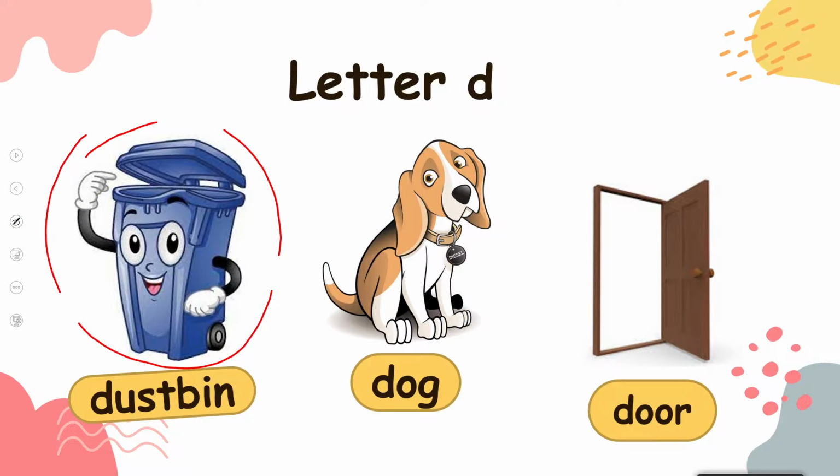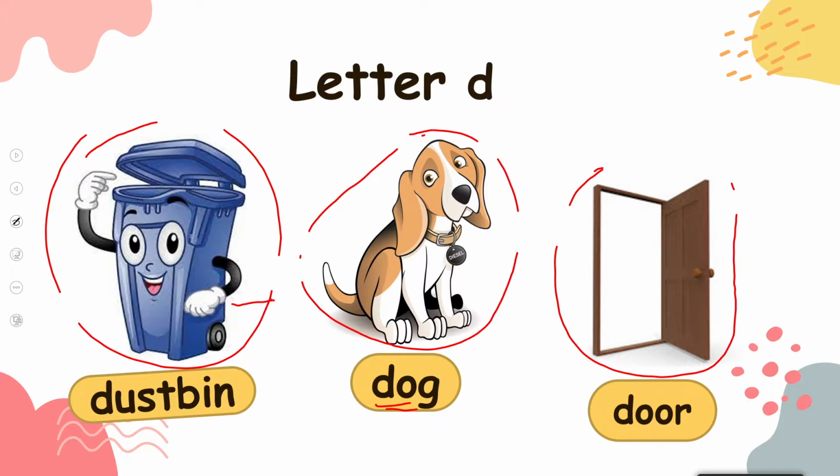Moving on, we have a few objects on the screen. You need to tell me, what is this object? Yes, it's a dustbin, used for the trash. Which animal is this? It's a dog. We have just done it in the poem. And it is a door. So let's revise the spellings with the sound.